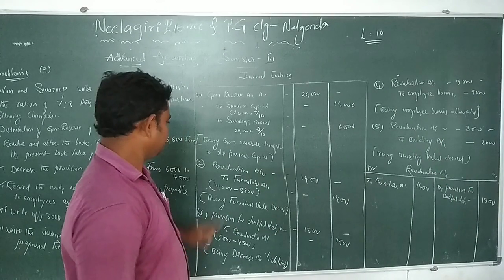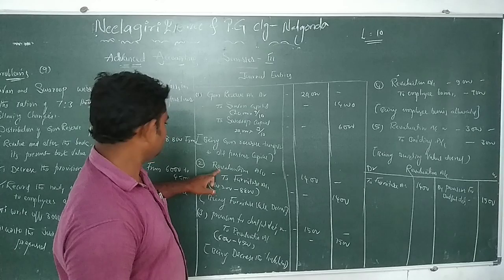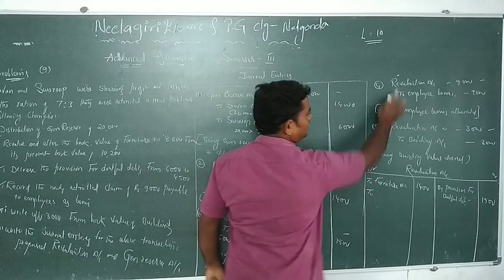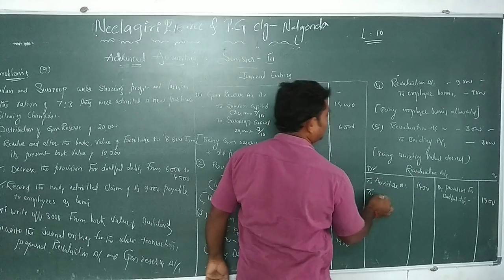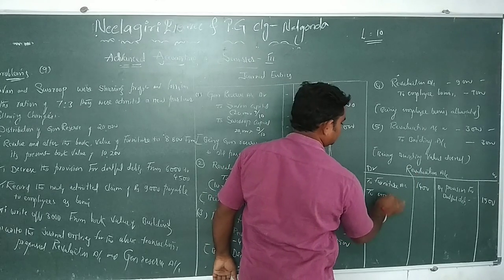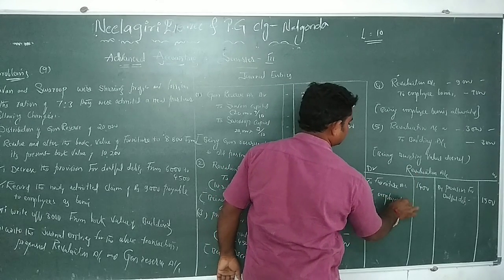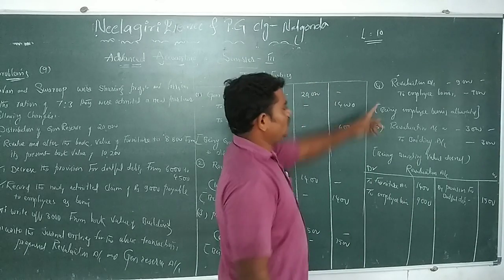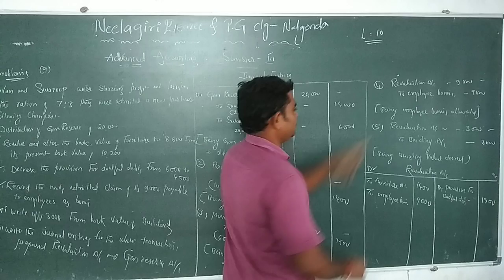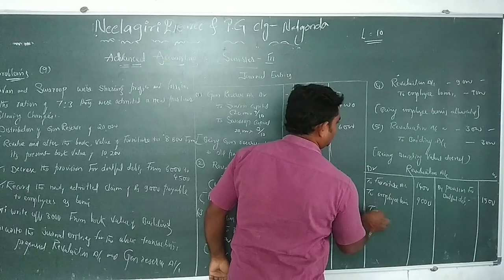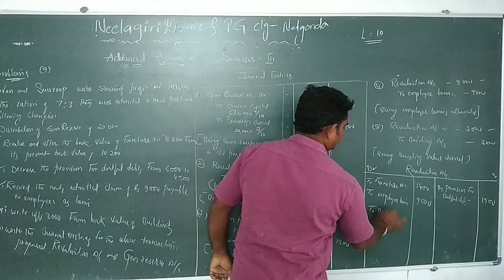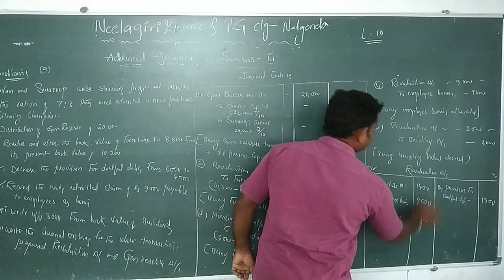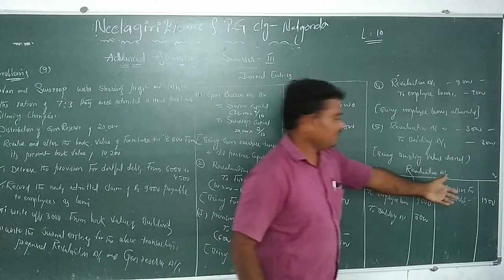Next entry, revaluation account debit to employee bonus, 9,000. Next, revaluation account debit to building account, 3,000. Three entries on the debit side and one on the credit side.